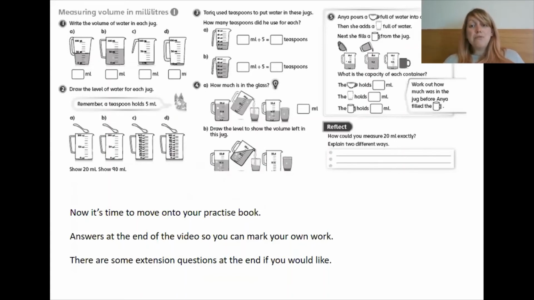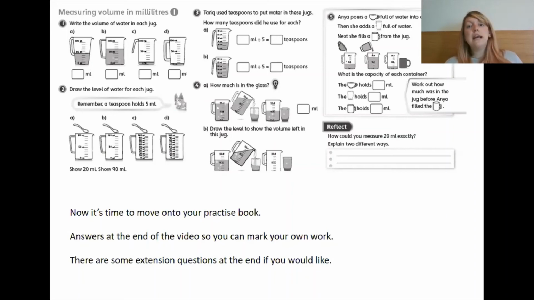Now, the most crucial bit about this is, even if you're not struggling, this is something that you may not have come across before. And it's really crucial that you have a go at playing about. Maybe when you're having a bath or a shower or a wash, have some jugs in your bath with some teaspoons, some tablespoons, and explore measuring different amounts, combining different amounts, seeing what they look like and feeling what they look like.